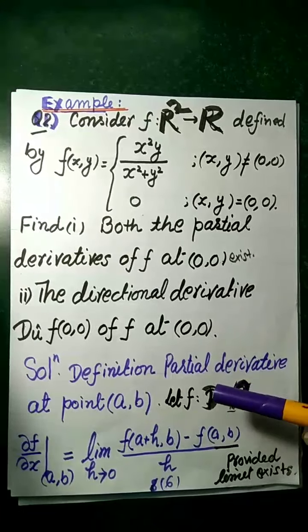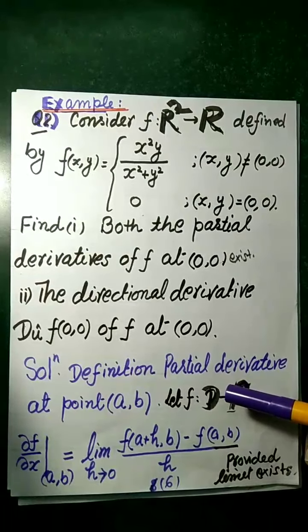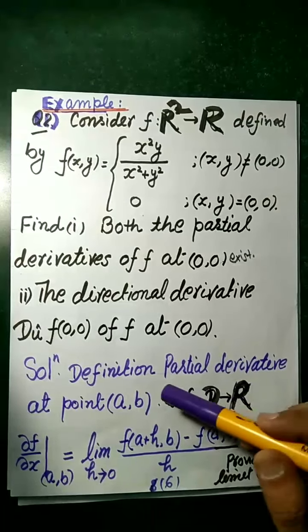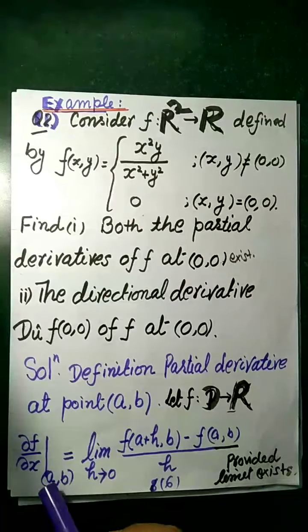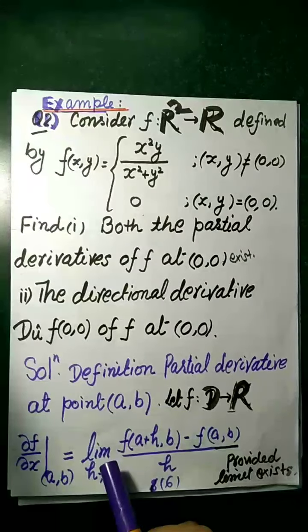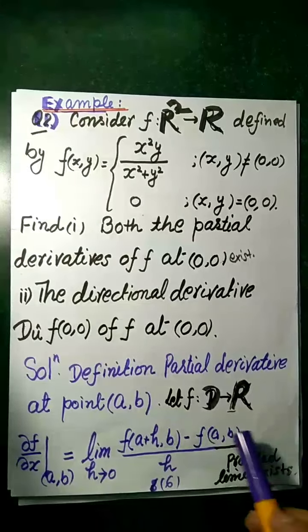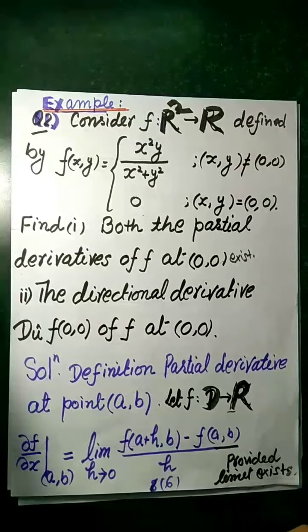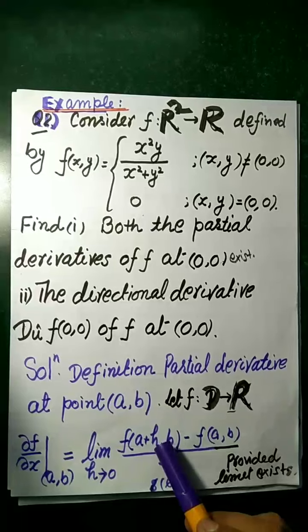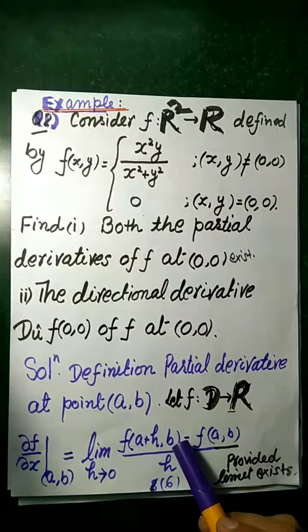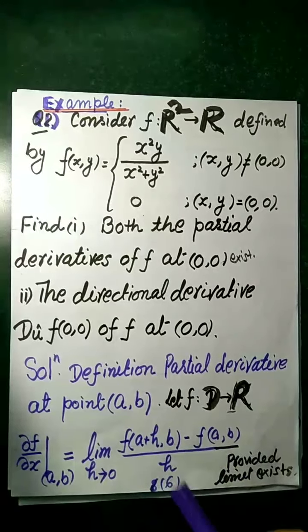So this is the basic definition we have seen. Again we are writing here the limit definition of the partial derivative del f del x at point (a, b): limit h tends to 0 of f(a plus h, b) minus f(a, b) upon h.